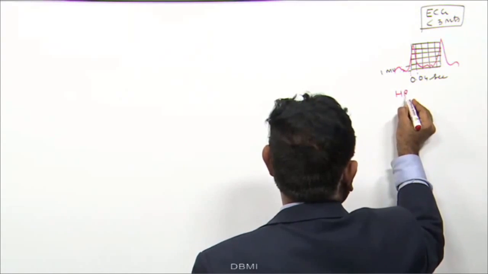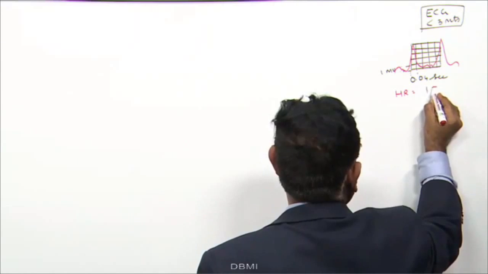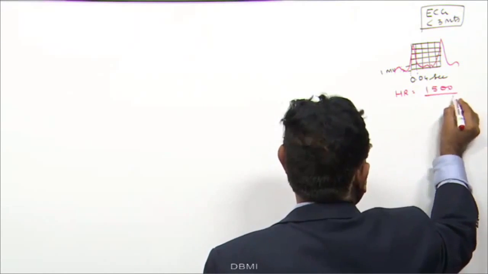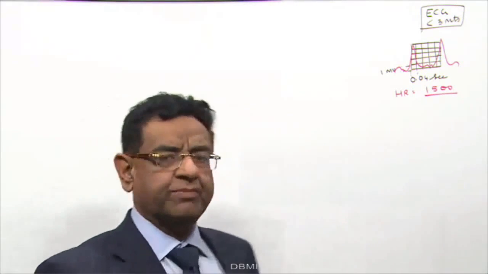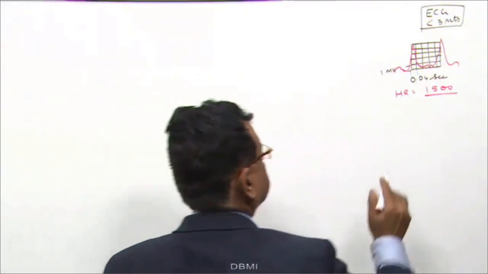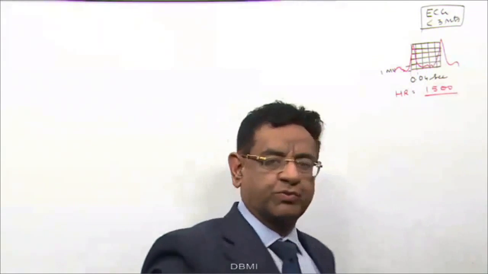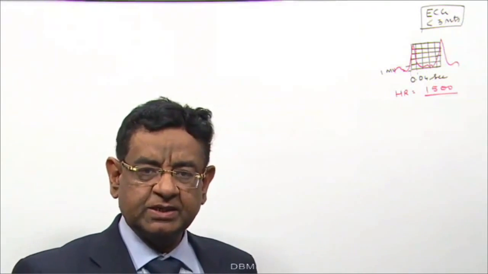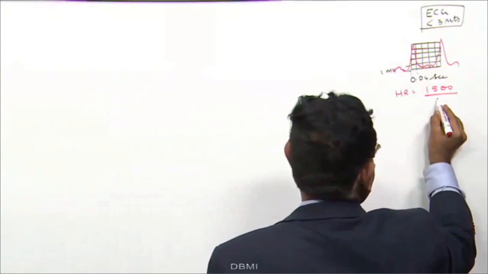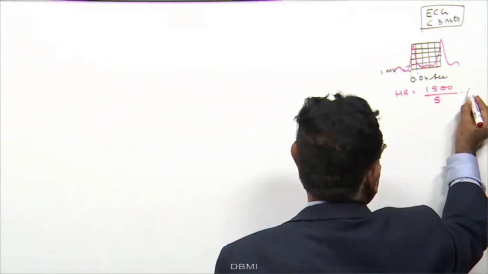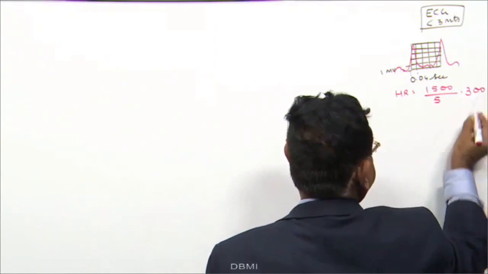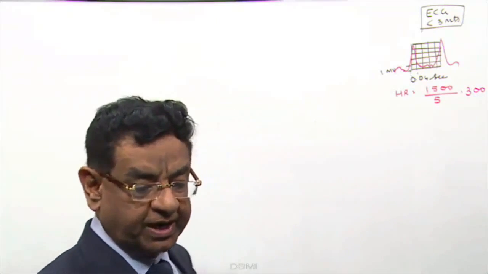Heart rate is equal to 1500 divided by the number of small squares between two R waves. Look at the screen now. We have two R waves, and 1, 2, 3, 4, 5 small squares are there. So the heart rate is 1500 divided by 5, which is 300. So in this recording the heart rate is 300.